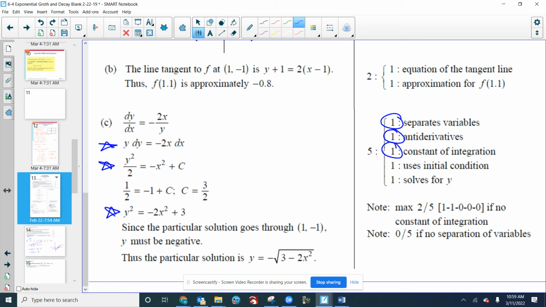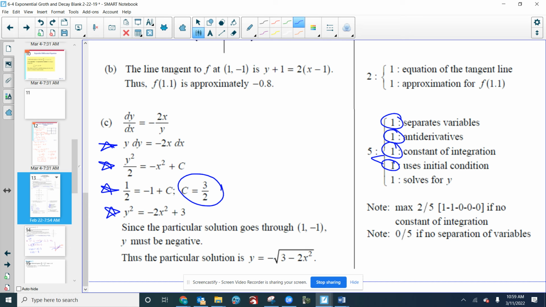Did you remember the plus c, and did you solve for c and get 3 halves? You just got a point. Now, when it says uses initial condition, I guess the constant of integration. Did you remember the plus c? That's a point. And then did you use the point 1, negative 1 in it to find c?